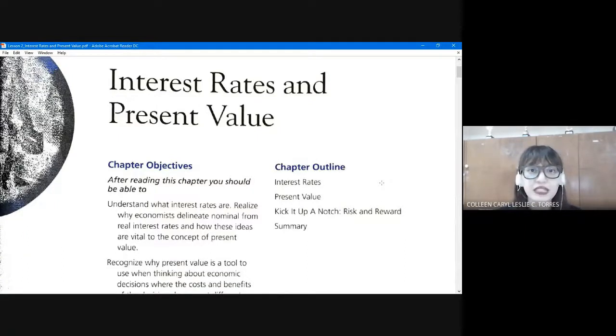For the latter part of the assessment, you would be given a problem-solving exercise wherein there will be a problem on investment, and you would have to compute the present value and future value of a certain investment. All of the values will be in peso currency for our exercise.